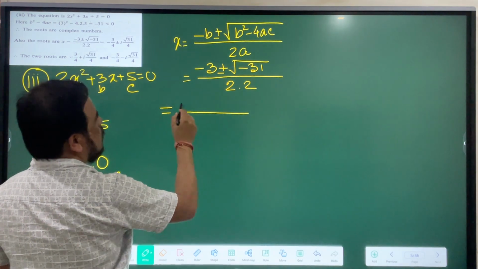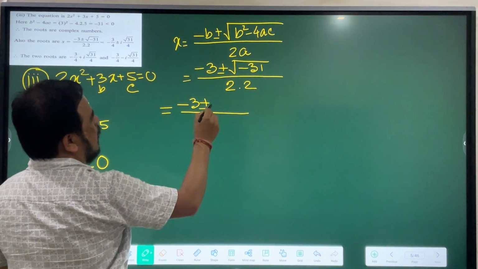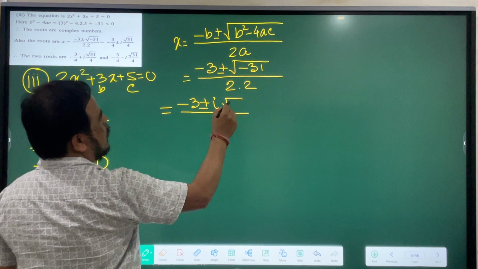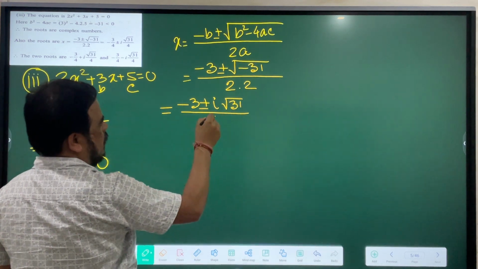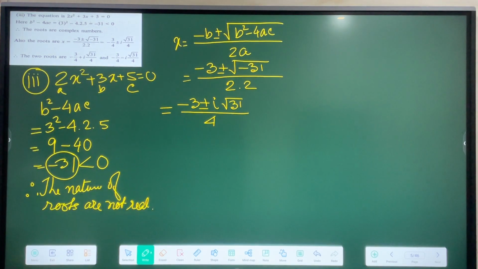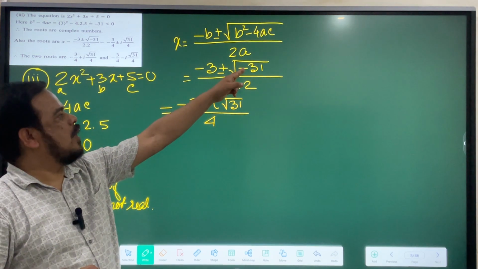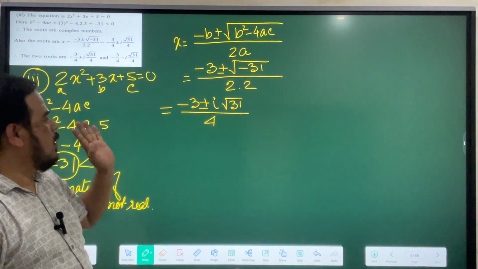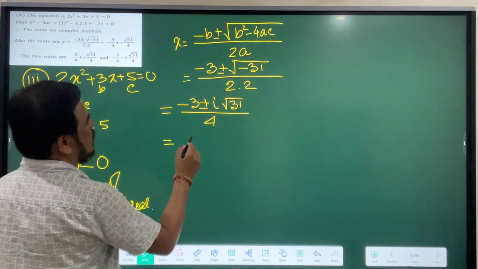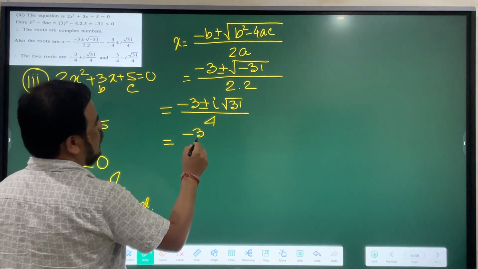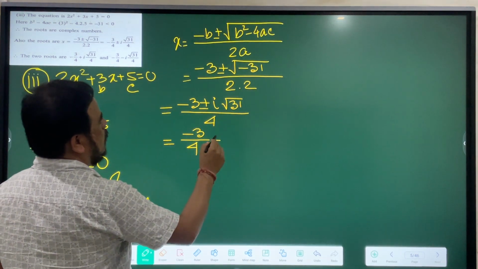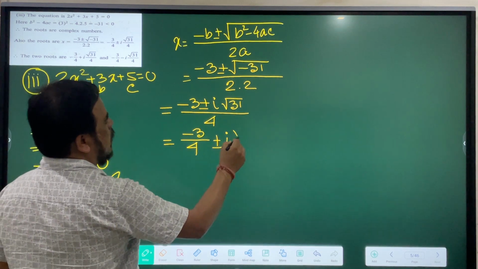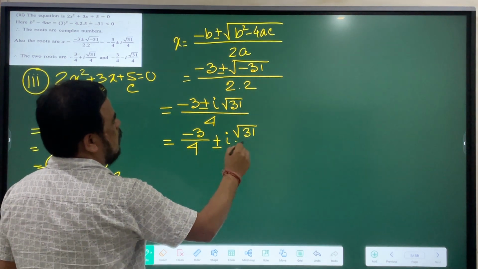So minus 3 plus minus i root 31. I hope you understand this. Minus sign was there under the root. So i square root of 31. So this one can be written separately now: minus 3 by 4 plus minus i square root of 31 by 4.